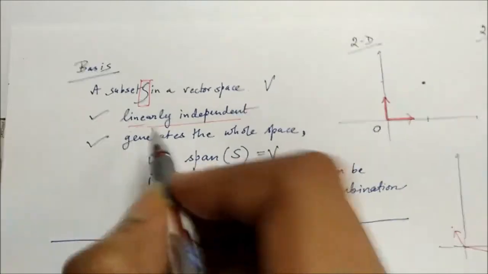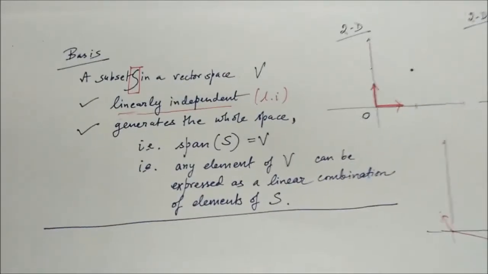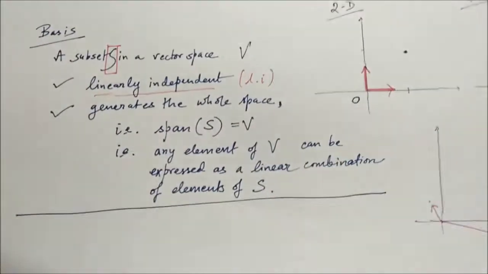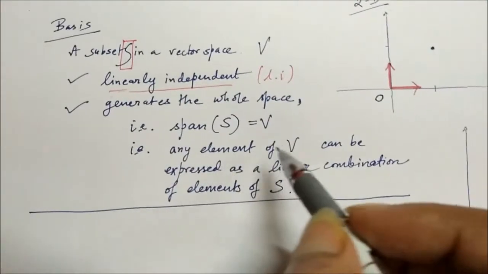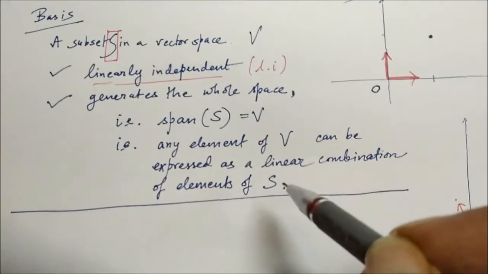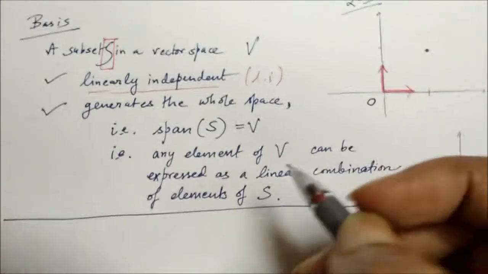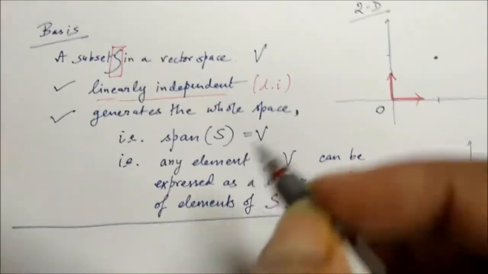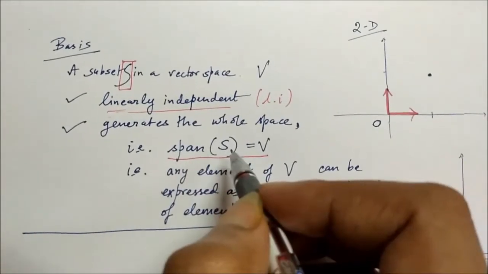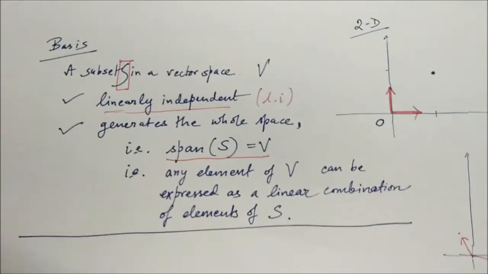And it generates the whole space. What does it mean? It means that any element of V can be expressed as a linear combination of the elements of S. There won't be any elements for which you won't be able to do this. Or in other words, you can say that span of S is V, or S spans V, right?